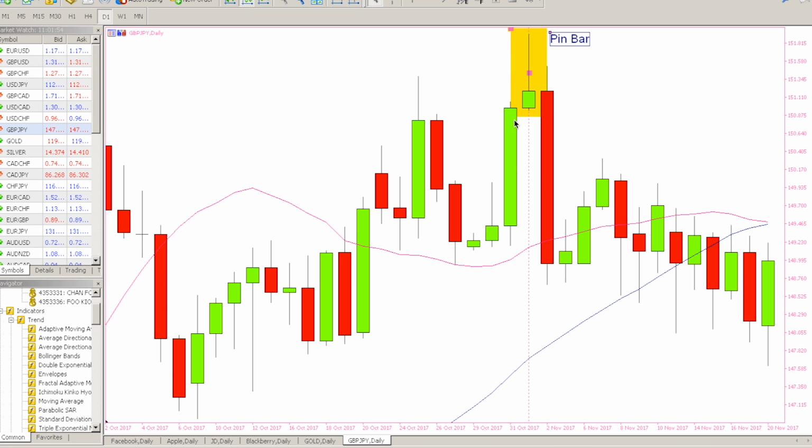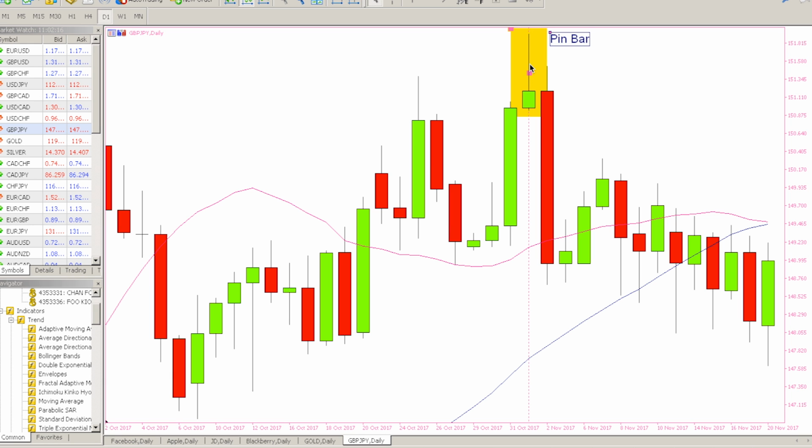So what happens here? The price goes up, and then keeps on going up. This is one day, this is a second day, and the day closes here. The next day the price opens here and goes all the way up, and what happens? There is a very huge selling pressure.